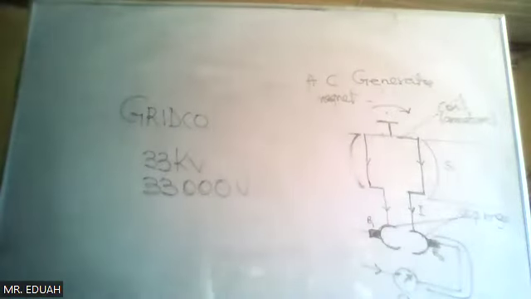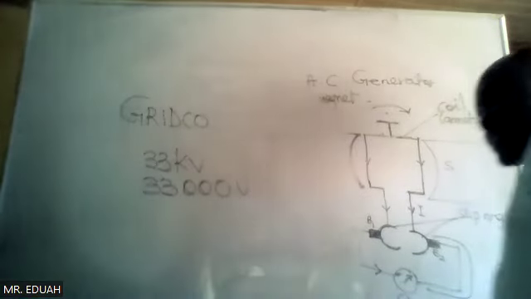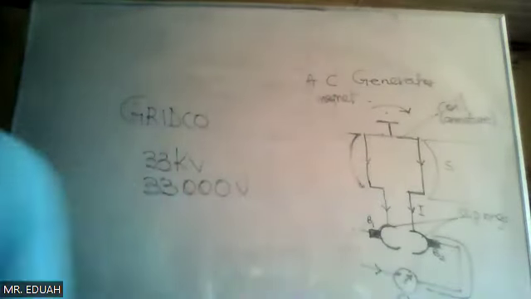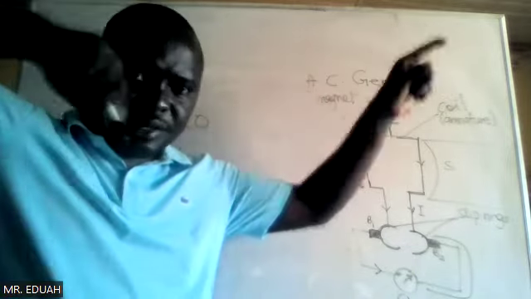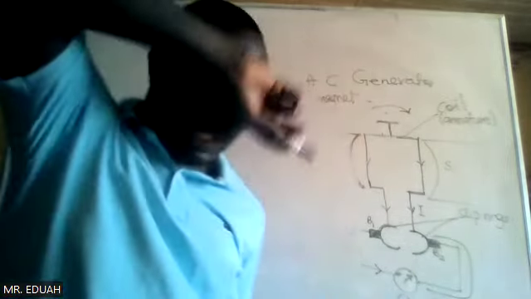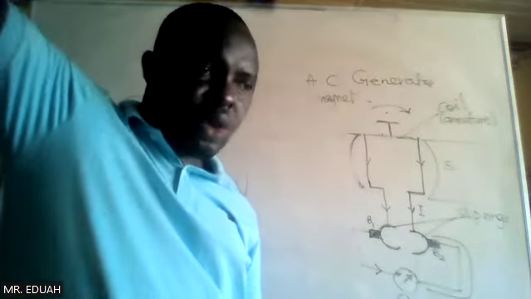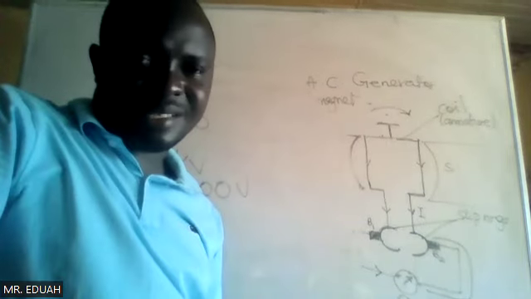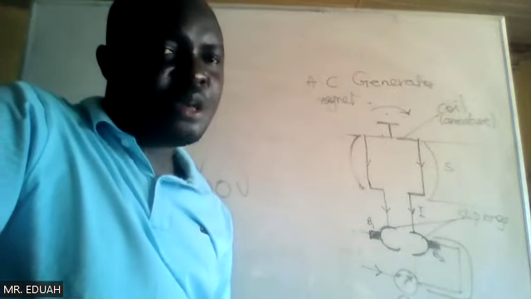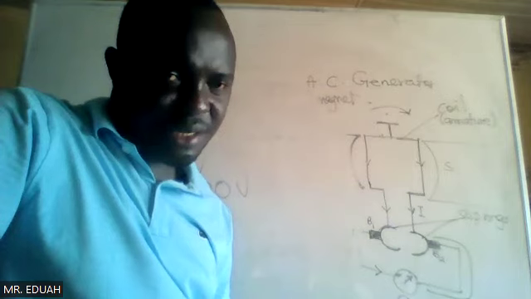Very, very high. Then it is fed to the substations within the community. Those areas where you see a lot of transformers are the substations being manned by VRA.